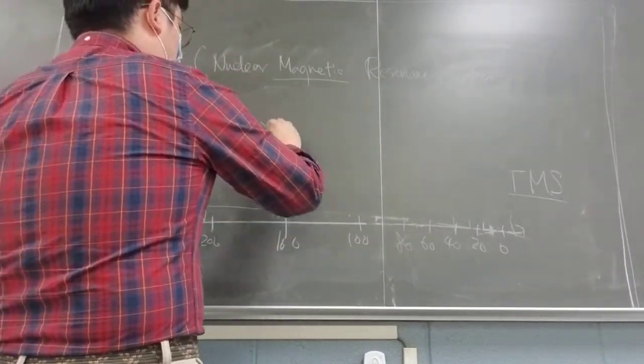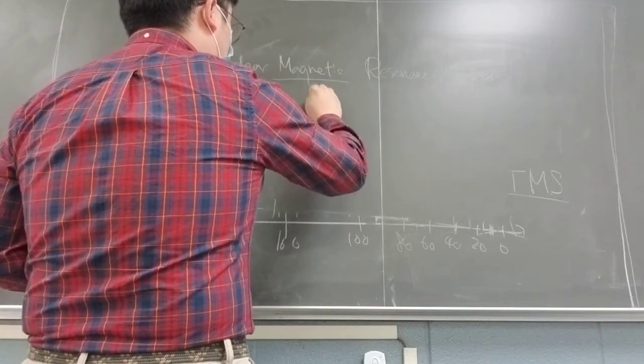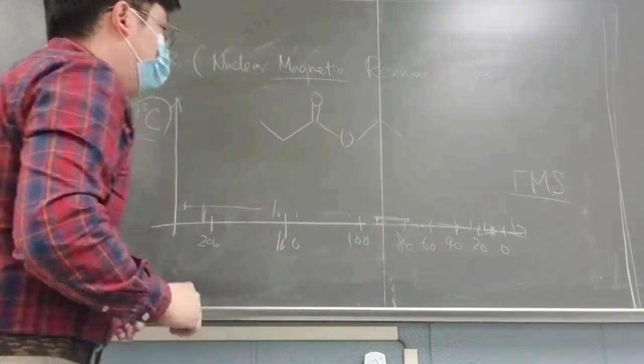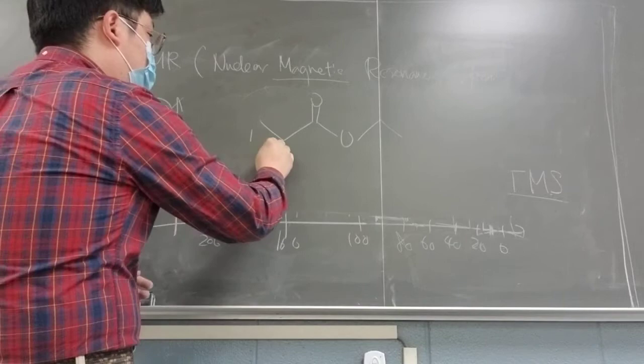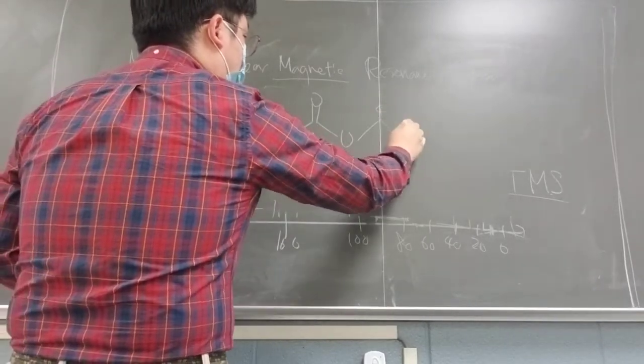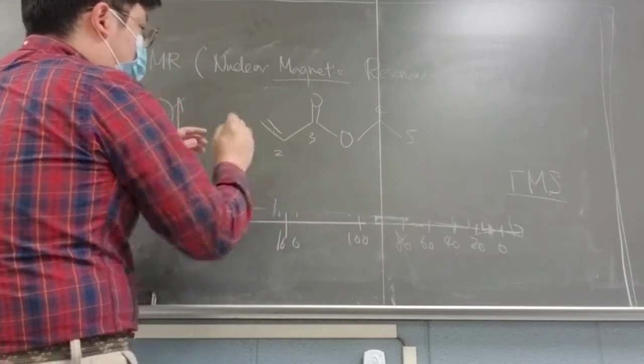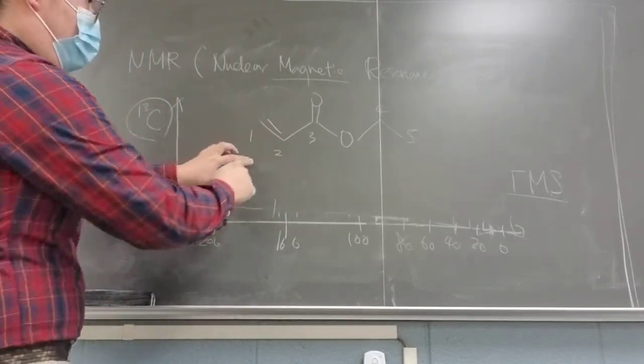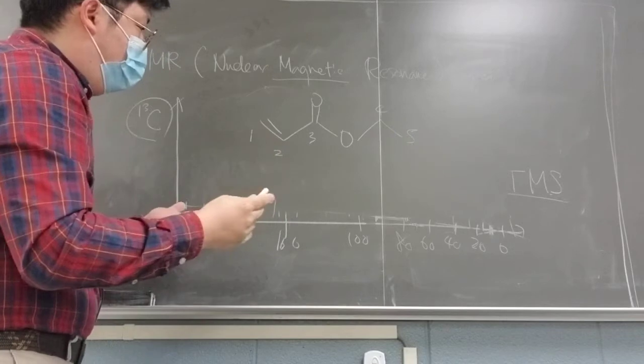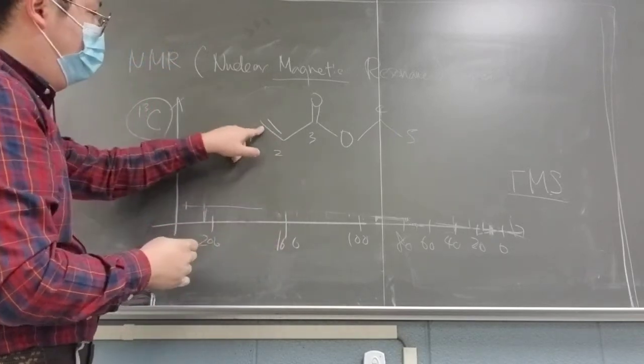So let's do a bit more complicated one. Okay. So how about we do 1, 2, 3, 4, and 5. So you have 1 and 2 somewhere in the double bond here.